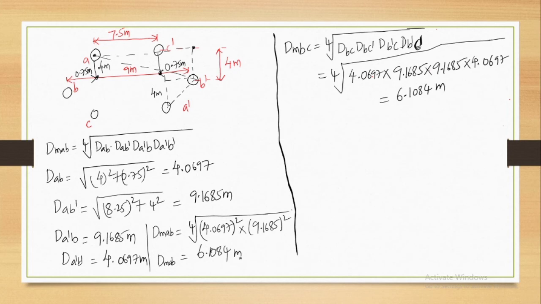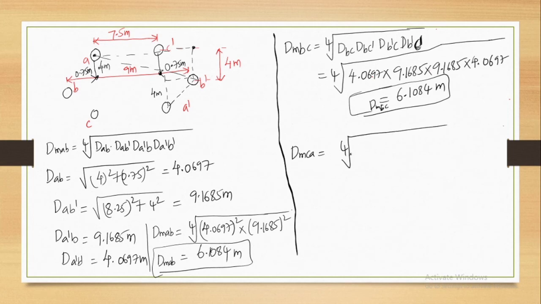And this is DMAB, the geometric mean distance between AB, and this is the geometric mean distance between BC. Now we will find the geometric mean distance between CA. It is again the fourth root of D C to A, C to A dash, D C dash to A, D C dash to A dash.